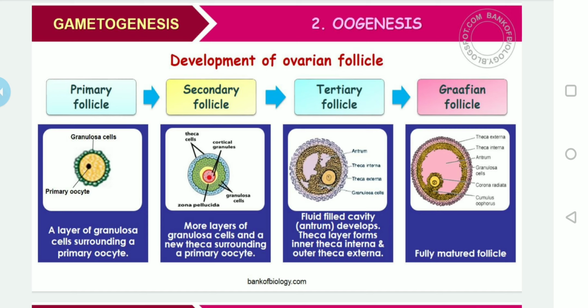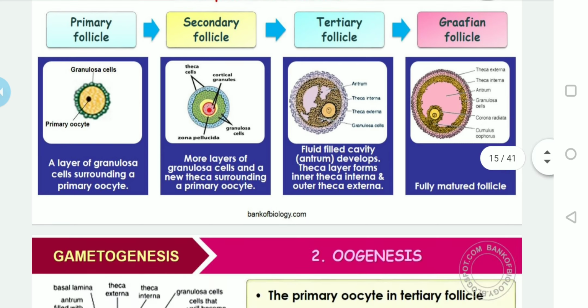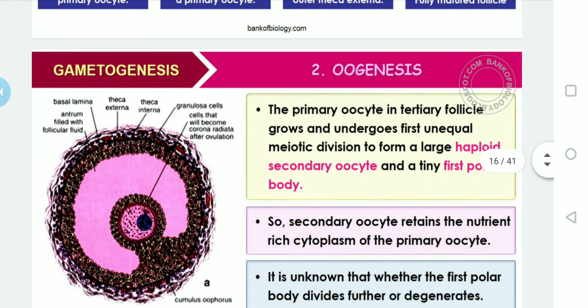Then the Graafian follicle now ruptures to release the secondary oocyte. This is called the ovum from the ovary, and it is lodged at the ampullary isthmic region. So what do you call this process?